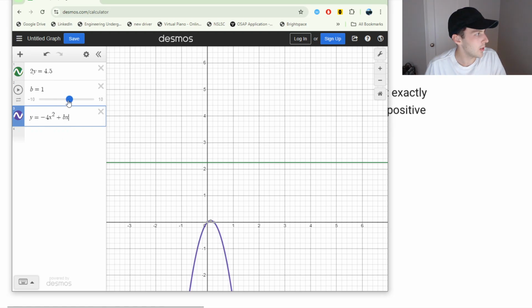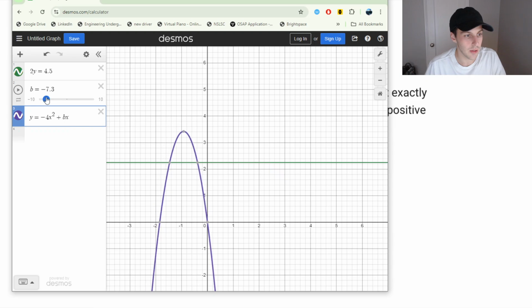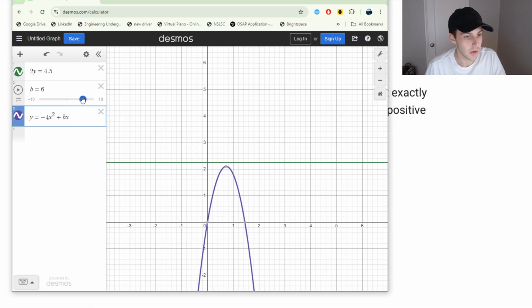Well, if we change our slider here, you can see how this parabola moves, how it intersects with our line. We're looking at when it intersects at just one point. It looks like it intersects at one point when our slider is set to b equals 6.